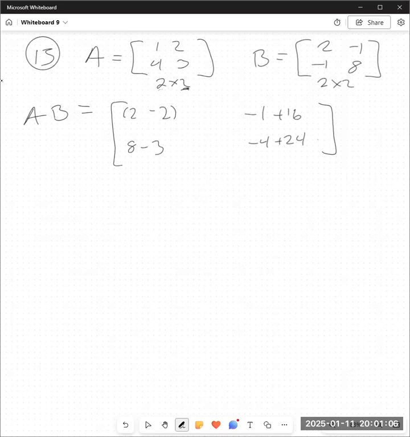This should be a 2. So this should be 2 minus 2, 1 plus 16. This should be -2, and this should be -4 plus 16.